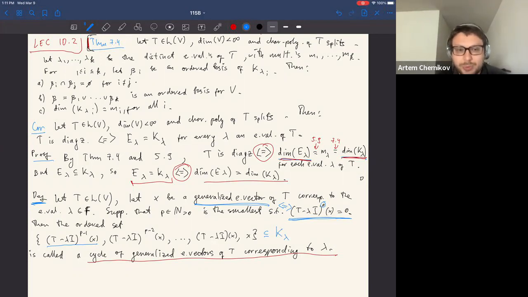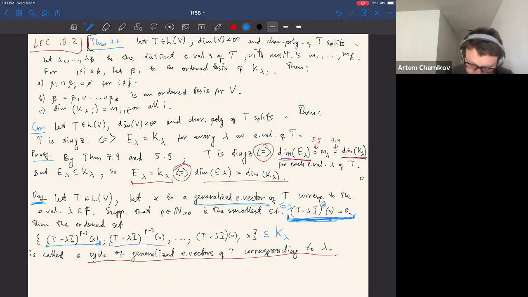So why is this true? Well, because by assumption, remember, p is such that (T - λI)^p(x) is equal to 0. But then if I look at this vector, it means that T minus λI applied to this vector is 0. So this means that this is in K_λ.